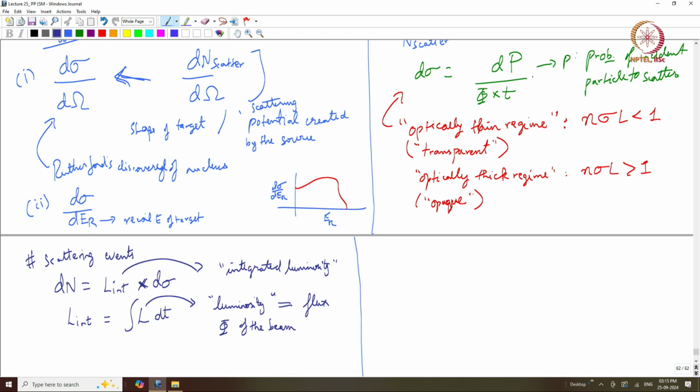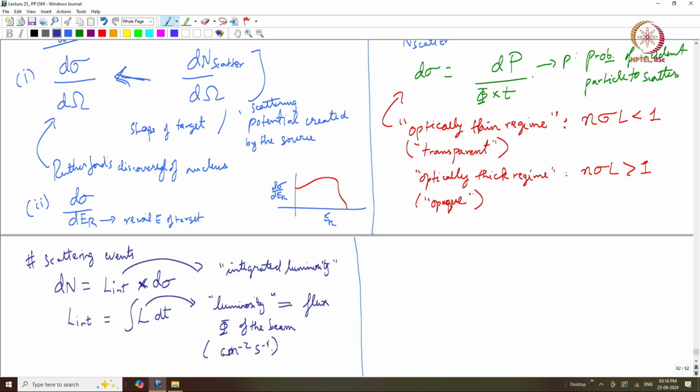Okay, again the luminosity has units of 1 over centimeter squared per second, right? One other way to write it is using barns, but okay, let's just write inverse centimeter squared inverse second.